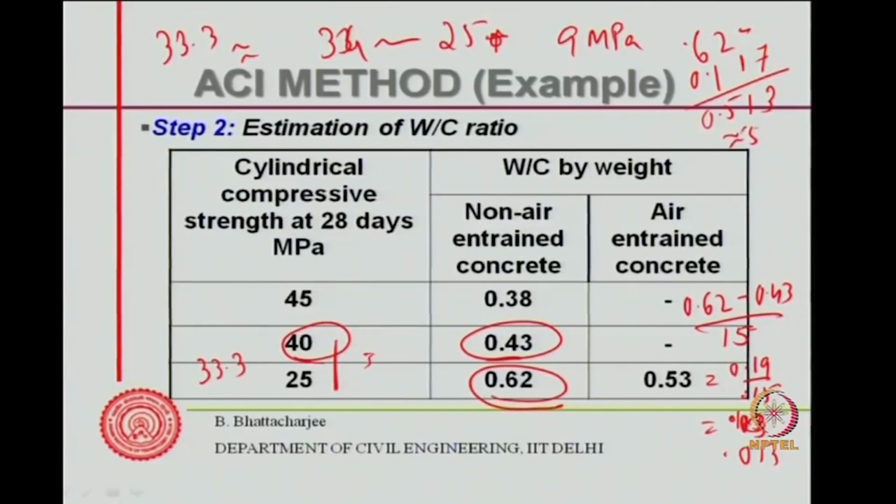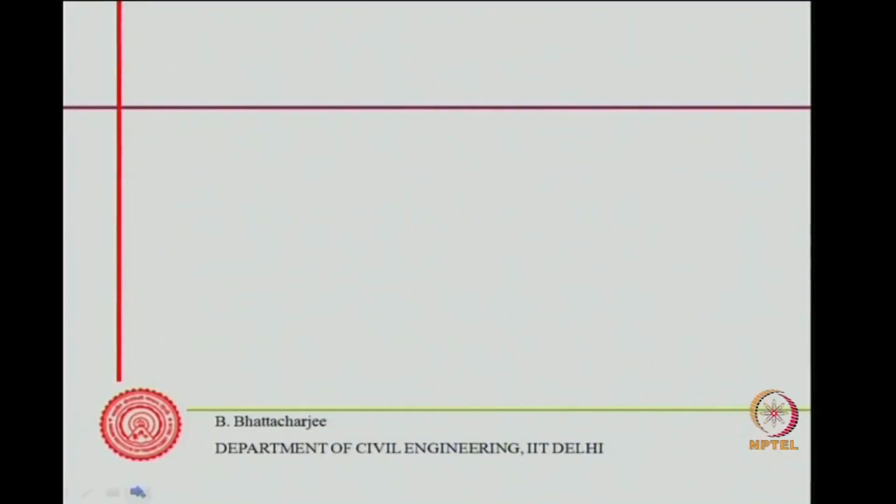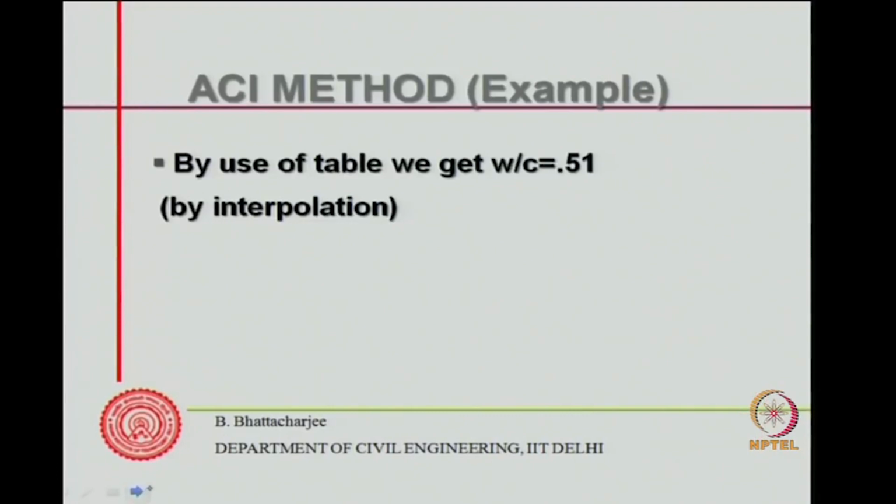So we take it as 0.51 or 0.5. One can interpolate if it is not available, but the actual table gives you a number of values in between. So in our case we assume a water cement ratio of 0.51, obtained by use of the table, by interpolation.